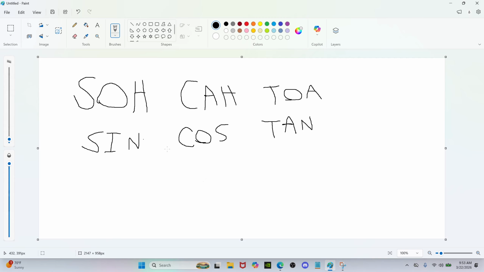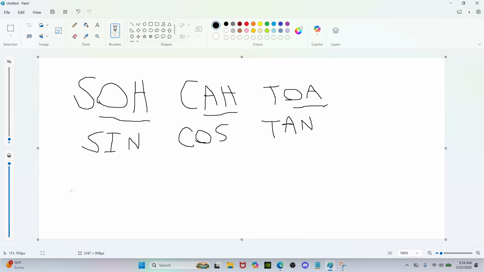So some of them may be different. But just keep in mind that S to S, this would be sine, C to C, this would be cos, and T to T, that would be tangent. So the first letters are what you're going to press on the calculator. But I want you to pay attention mostly to these, because these are the order of division that you'll do, in exact order.